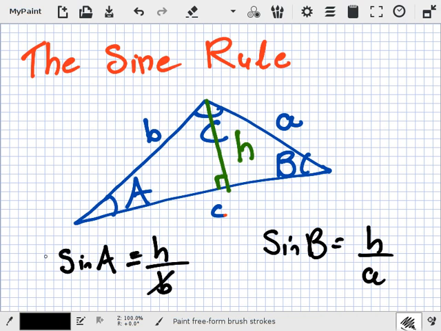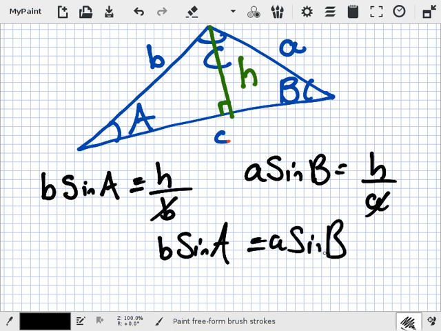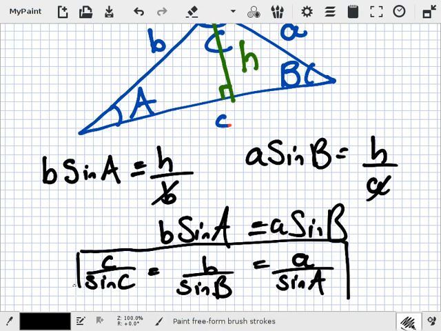We can bring the b up here, we can bring the a up here. Because this is equal to h and this is equal to h, we can say b sine A is equal to a sine B. Or another way of saying it is a over sine A is equal to b over sine B. You can actually continue the logic and say it's equal to c over sine C. This is the sine rule, a rule that you would have seen before.